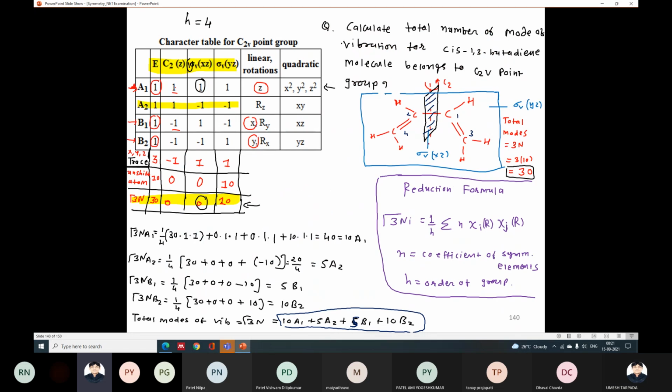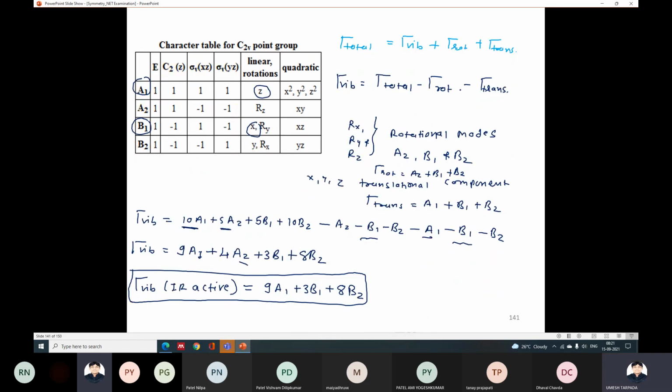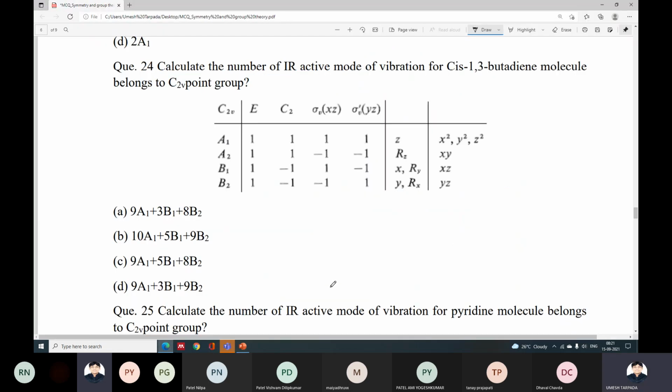This one. So your answer becomes 9A1 plus 3B1 plus 8B2 for cis-1,3 butadiene. 9A1 plus 3B1 plus 8B2.